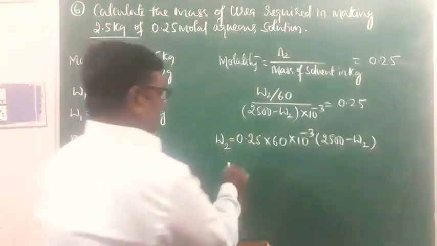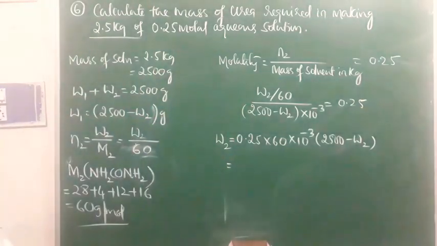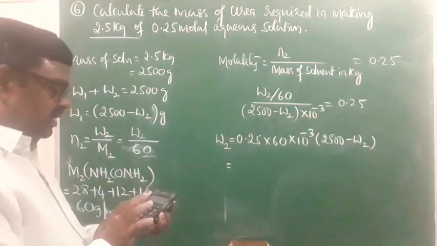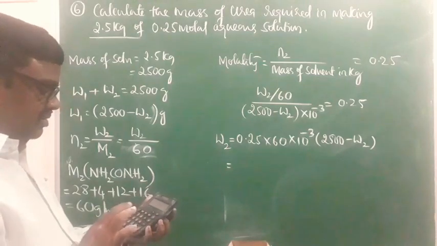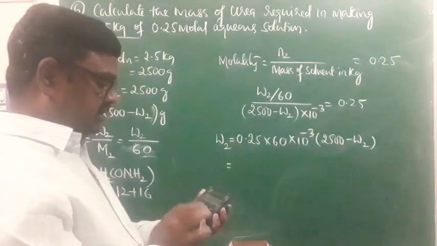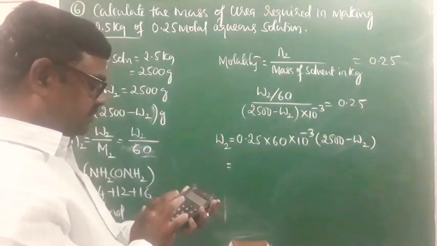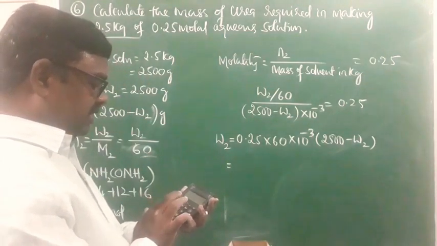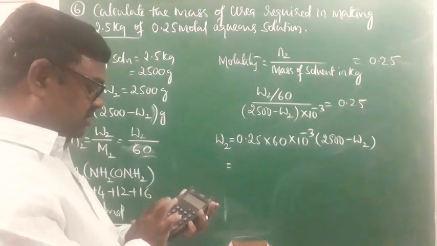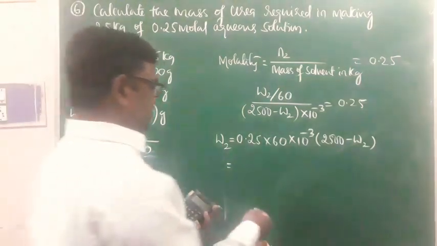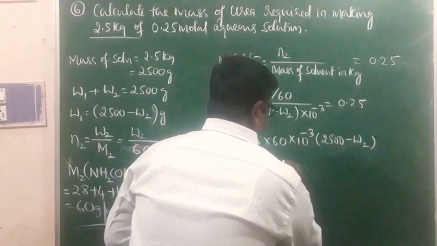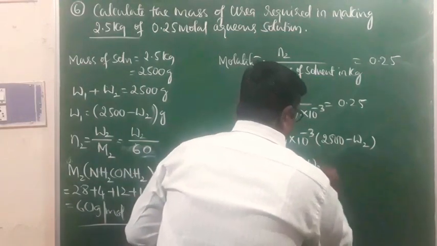So simplify that, it comes out to be 0.25 into 60 divided by 1000, that comes out to be 0.015 into 2500 minus W2, right?